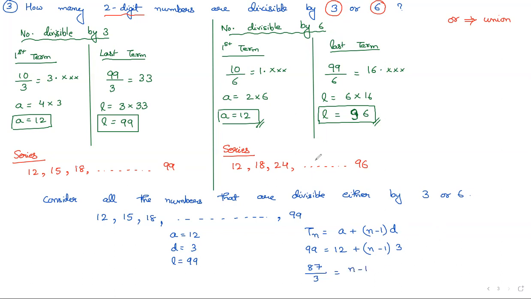So the n value is 29 plus 1, which is 30. n value is nothing but 30. So these many two-digit numbers are there which are divisible by 3 or 6.